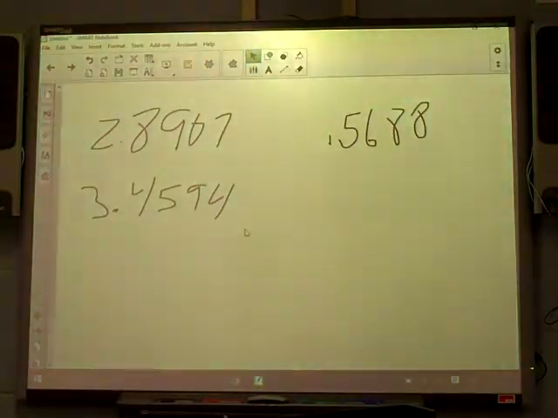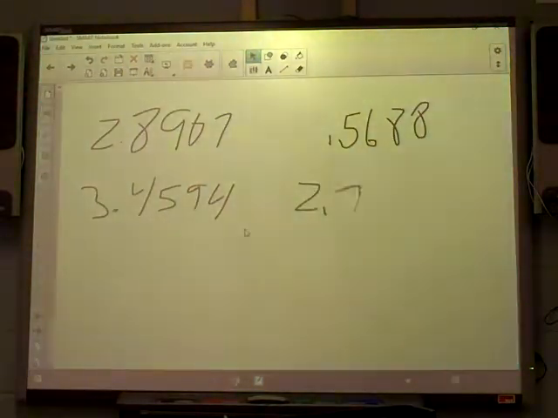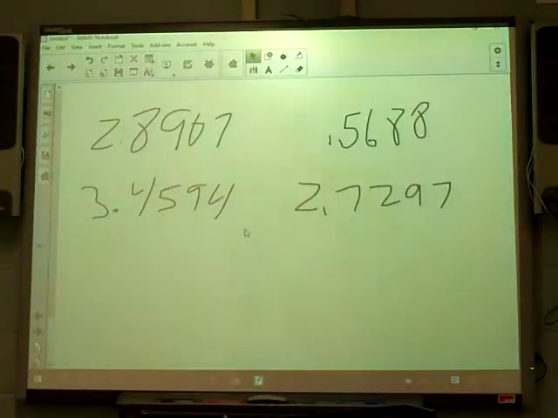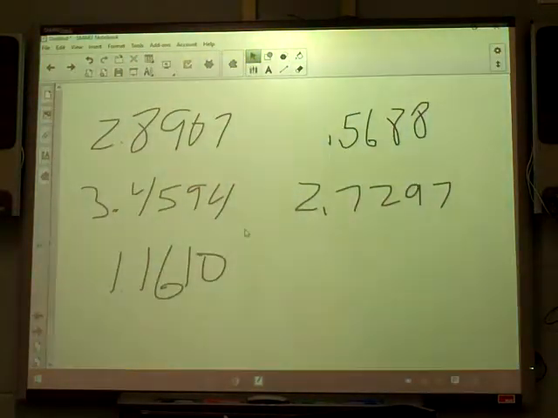They are right there. Now 7 and 8, you got to do a little bit more work on those because they had multiple parts. So be careful typing those in your calculator. On number 7, I got 2.7297. Did you get something close to that? Good. And then on 8, I got 1.1610.